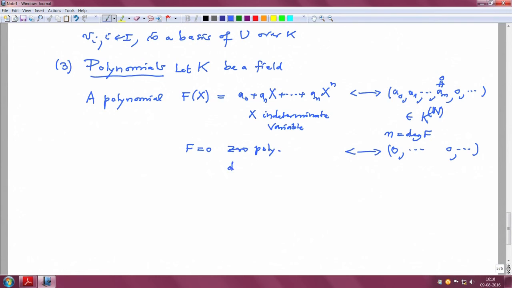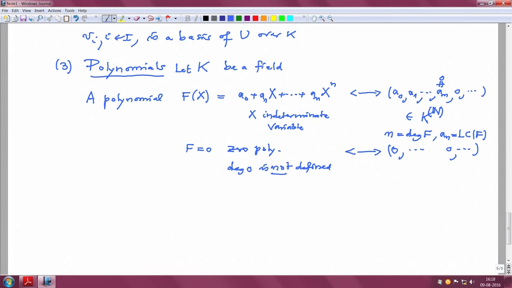So the degree of the 0 polynomial is not defined. This an is called the leading coefficient of f, LC of f.